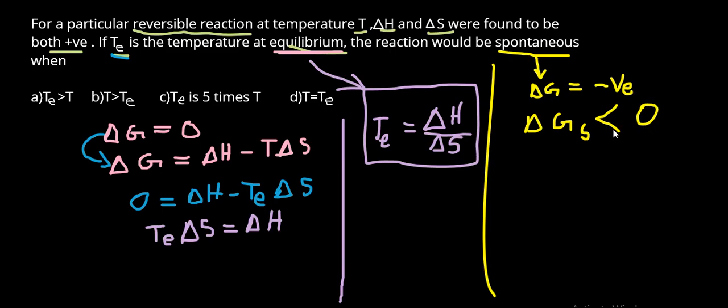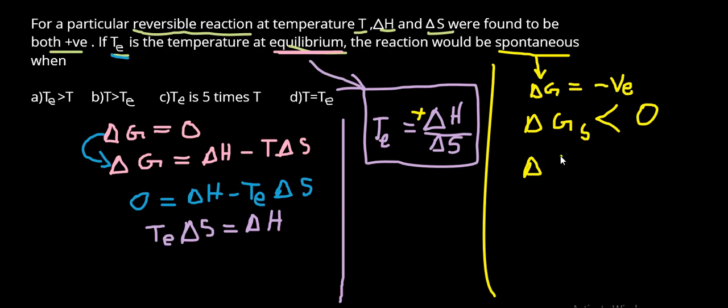This is the important thing you have to find. The temperature at equilibrium is greater than 0, but here ΔG is less than 0.